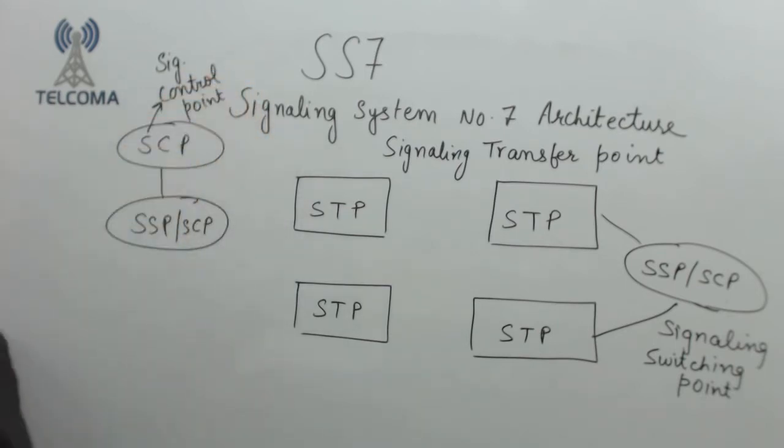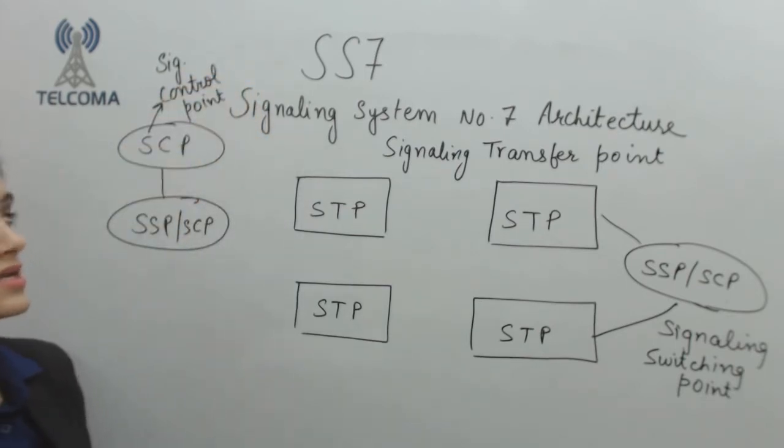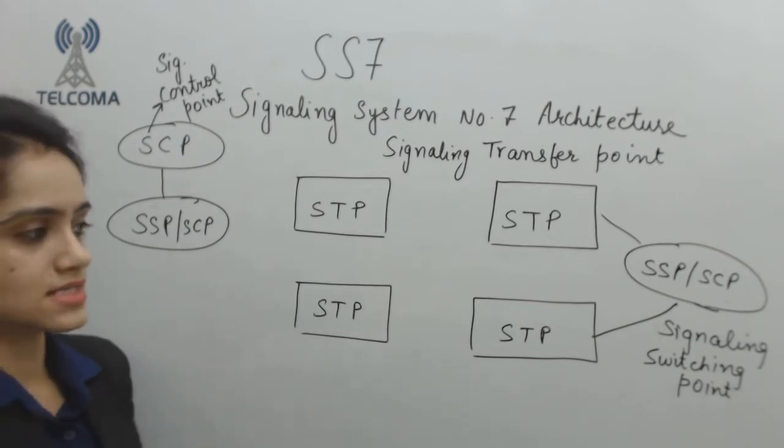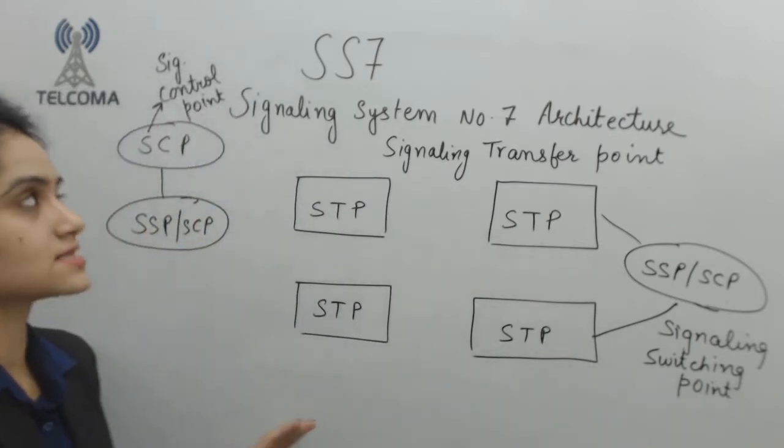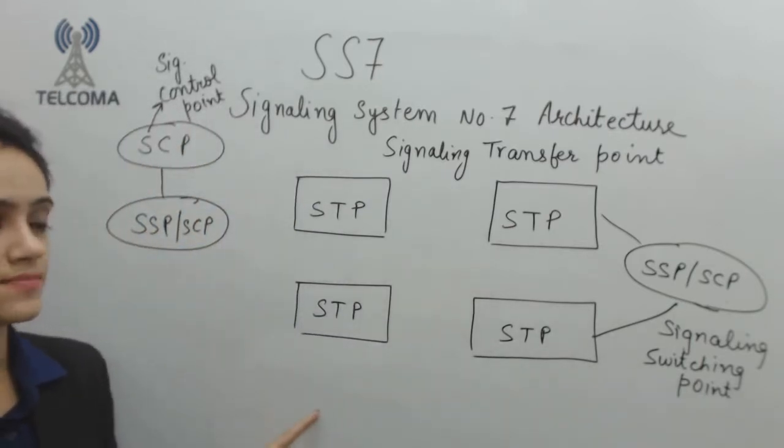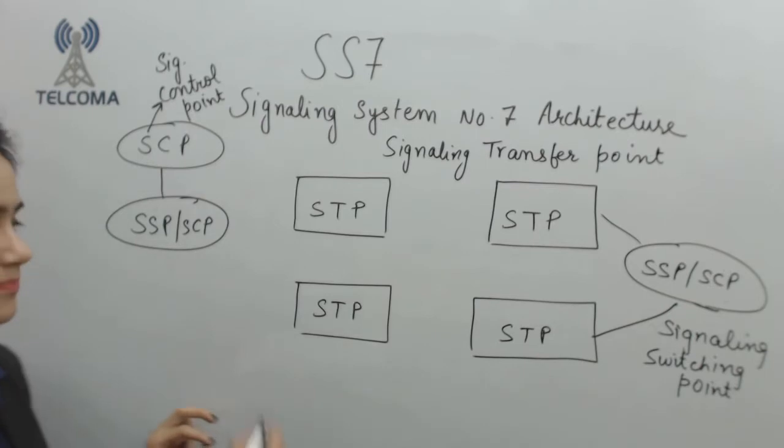So basically the main entities here are SCP, STP and SSP, where SSP is a signaling switching point, SCP is a signaling control point and STP is a signaling transfer point.